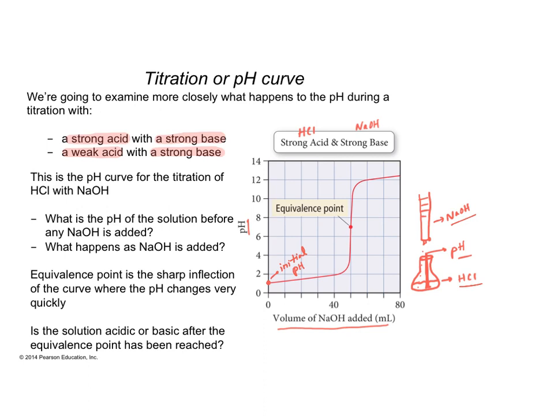Another important point is the equivalence point. For these titration curves, the equivalence point manifests itself as this sharp inflection in this sigmoidal curve, right? So we start at very low pHs because we have a very acidic solution. The pH is going to just slightly increase as we continuously add NaOH until we reach the equivalence point, and we'll see this sharp rise in pH at the equivalence point.